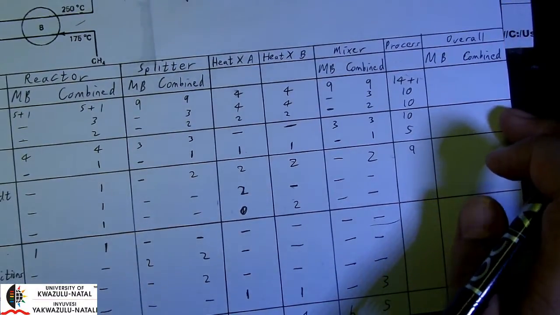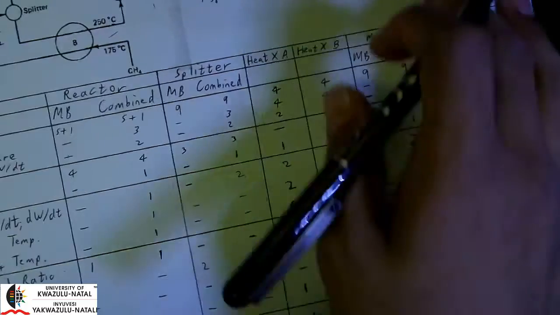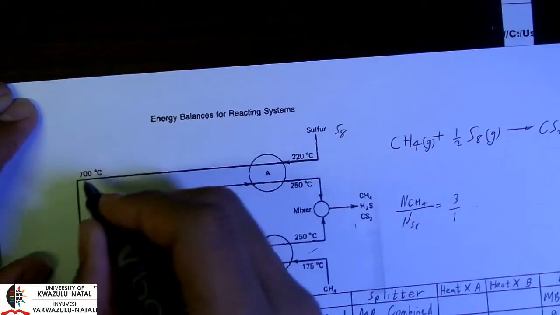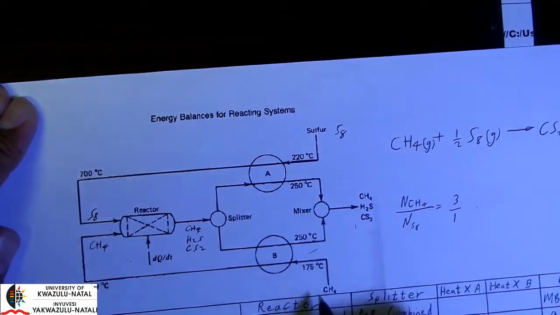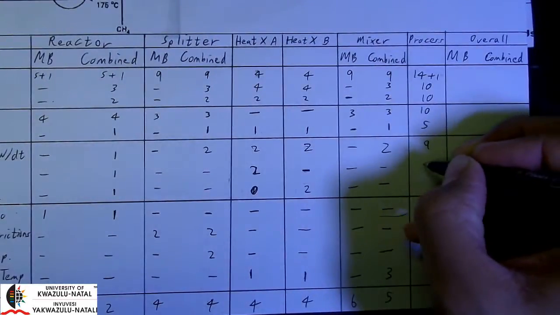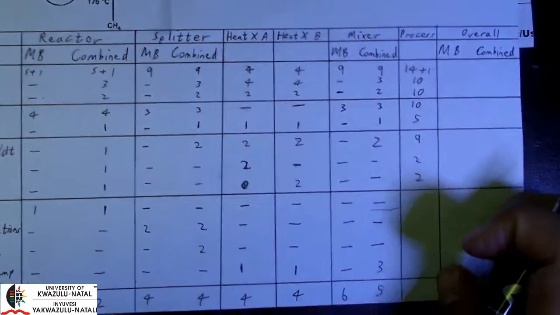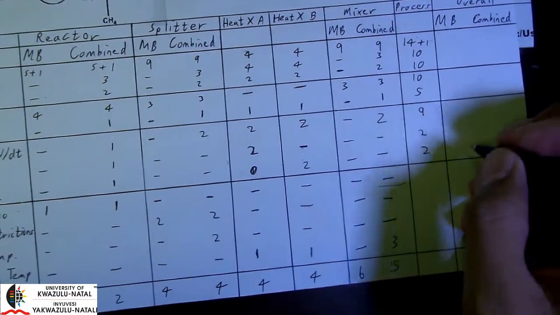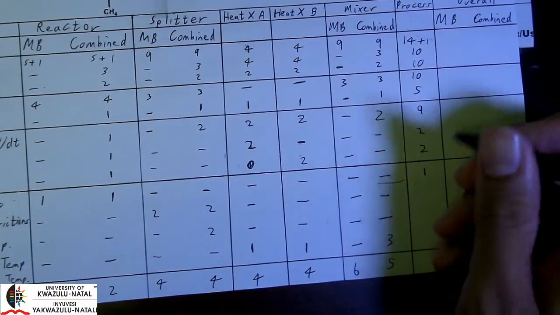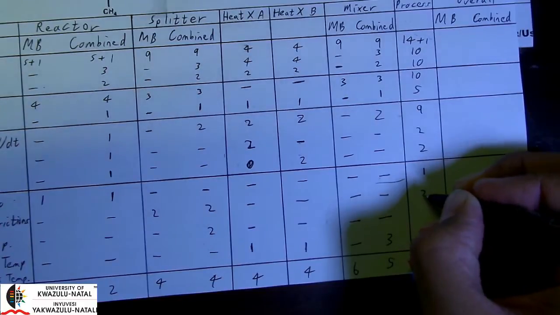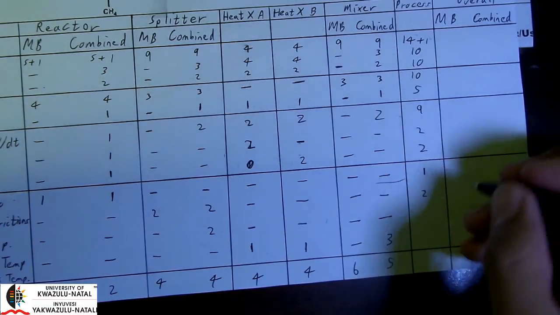Now, in terms of my sulfur temperatures, I've been given 2 temperatures. Okay, so that's 1 there and 1, so that's 2. In terms of methane, I've been given 1 and another, that's 2. So adding it up there, I've also been given, in terms of my subsidiary relations, 1 feed ratio, 2 splitter restrictions.